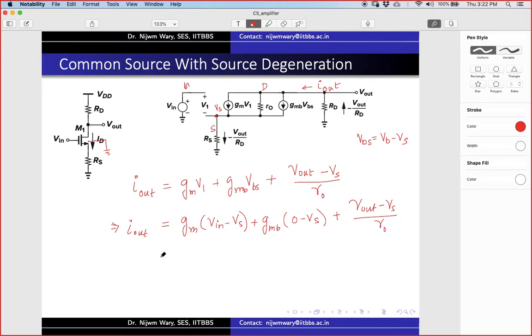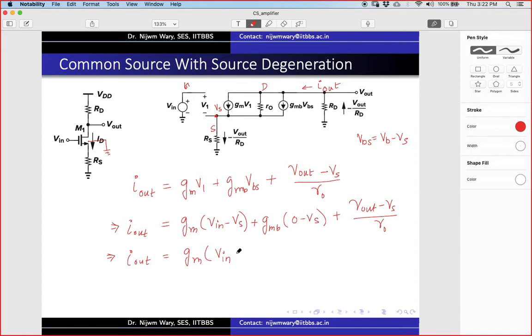So now if I just multiply it and make some rearrangement, I can multiply this RO with everyone, and Vs is nothing but, if I write it in terms of I out, it's I out into RS, just like we have done before.